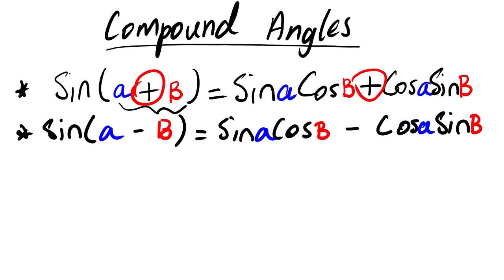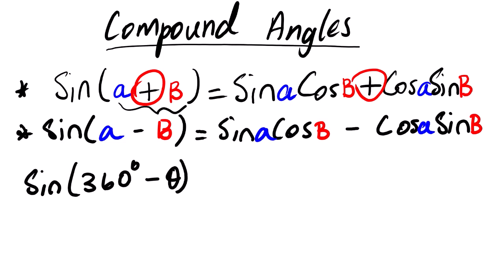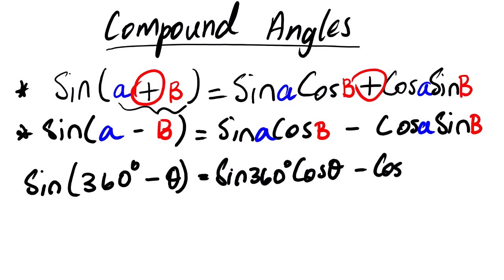So for example, sine(360 - theta) is equal to sine 360 cos theta minus cos 360 sine theta.